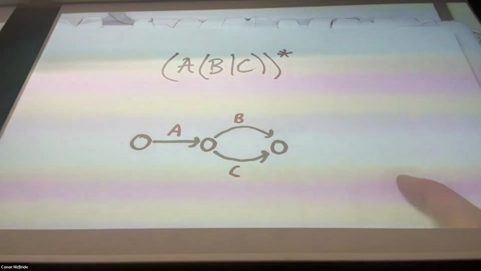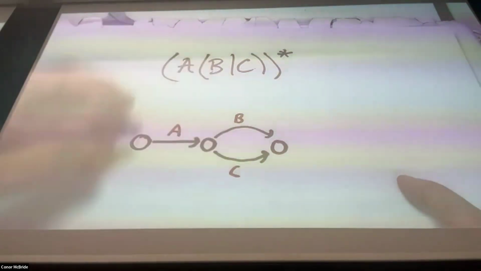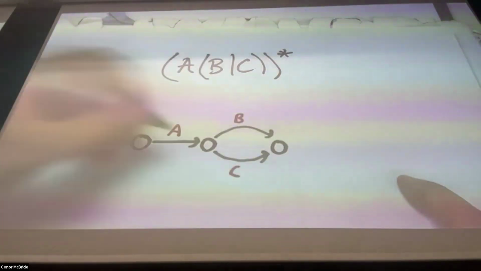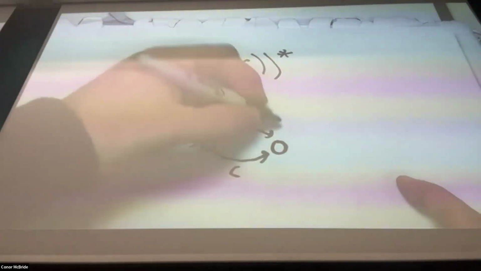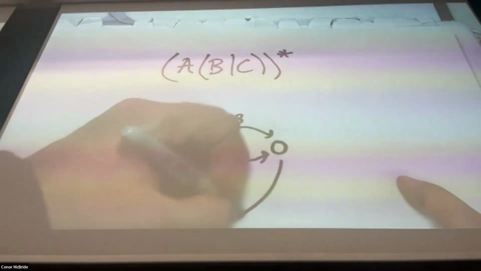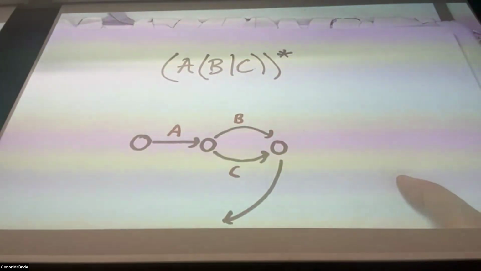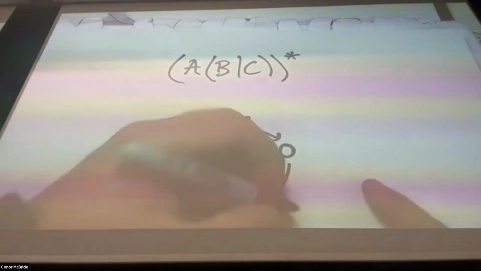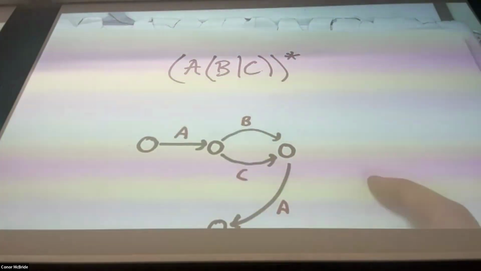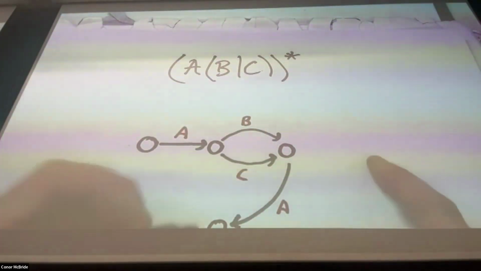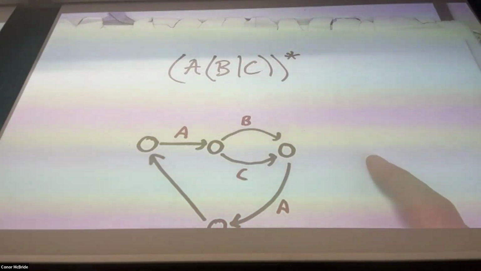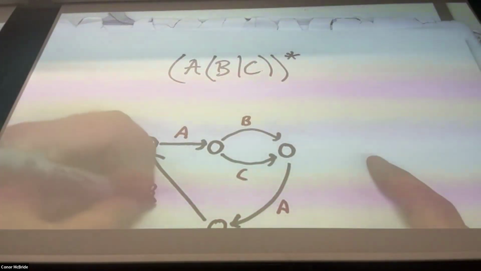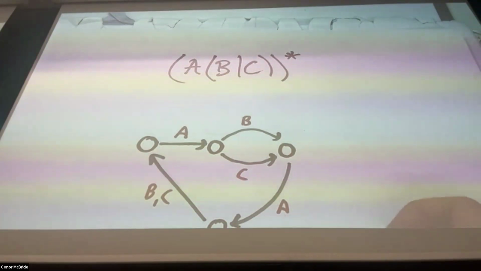If I don't want to do that, I could actually make the trip back again, right? So I could say, if I get an A from here, and then if I get a B or a C from here, then I'm back and I'm happy.